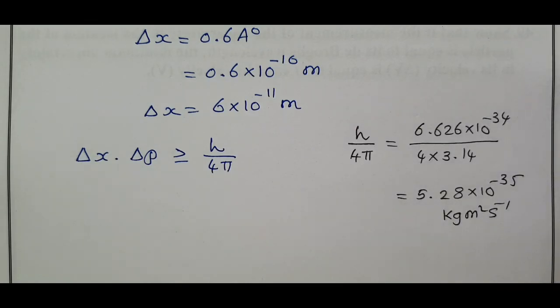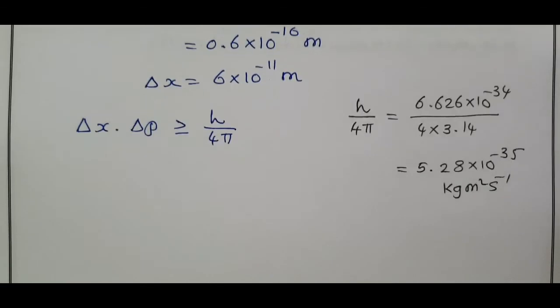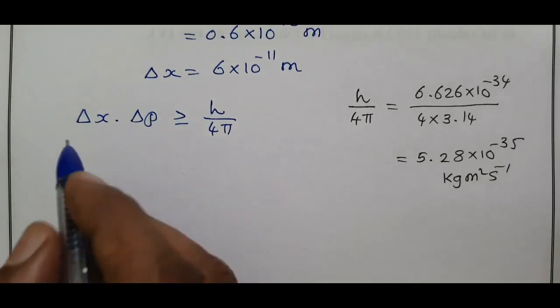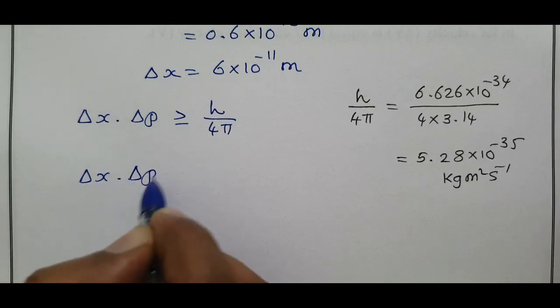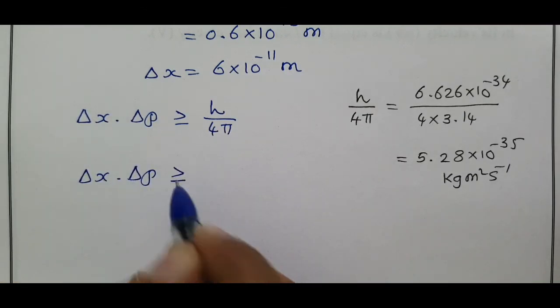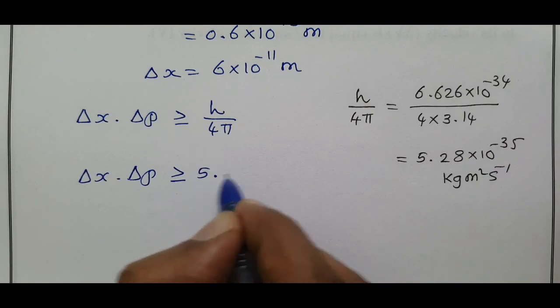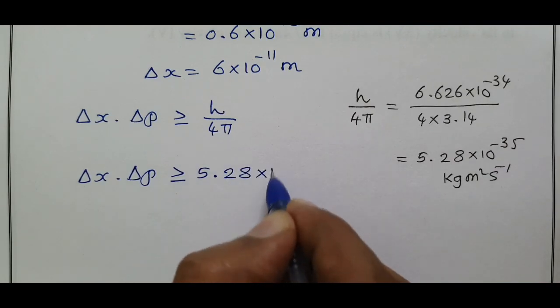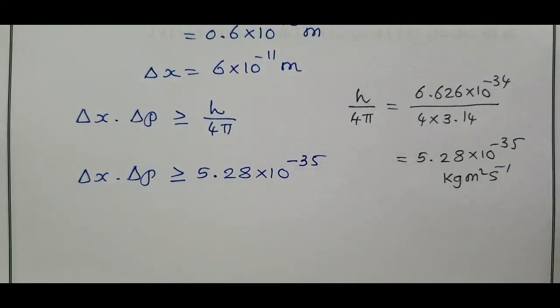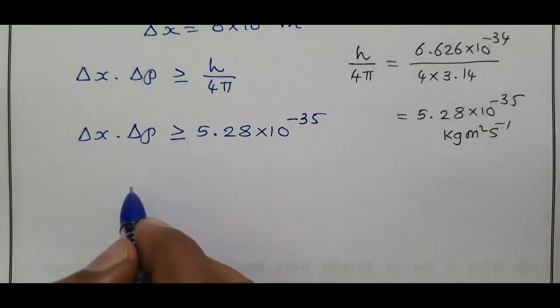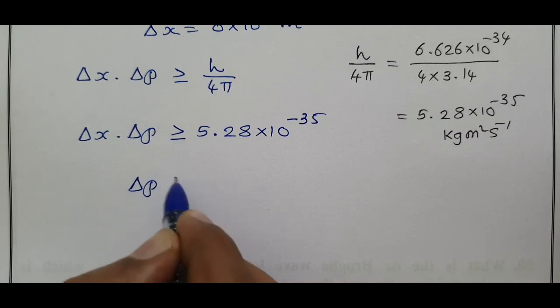So now the Heisenberg uncertainty principle is written as delta x into delta p greater than or equal to 5.28 into 10 power minus 35. We know delta x, we have to calculate the uncertainty in momentum.